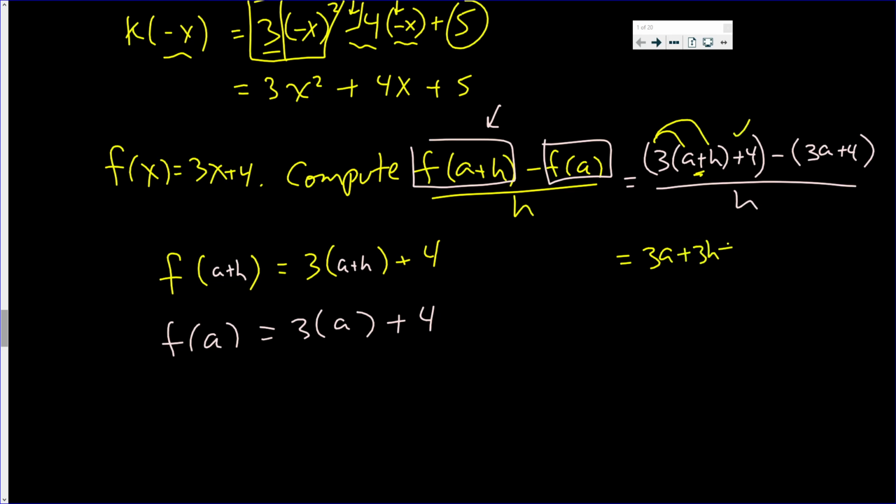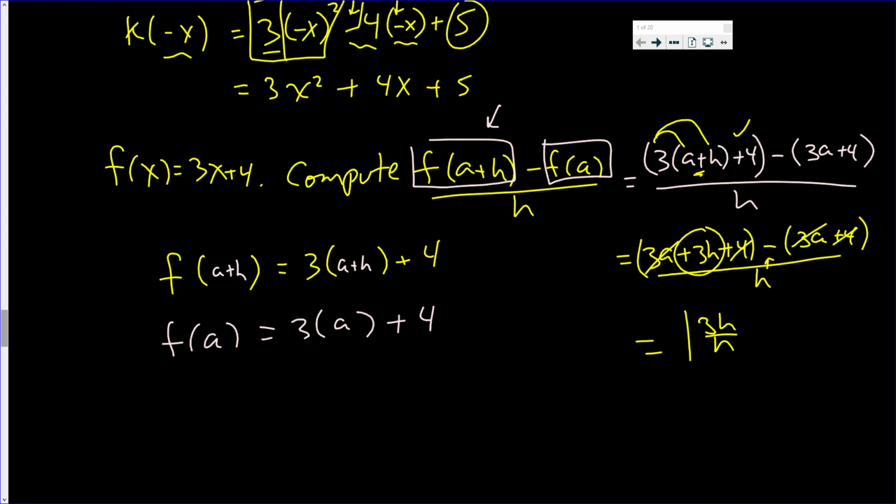Don't forget the plus 4. And you need to take away 3a and plus 4. Well, I took away this 3a, 4 minus a negative 4, and this is all over h, and all that survived was 3h over h. And there is my answer.